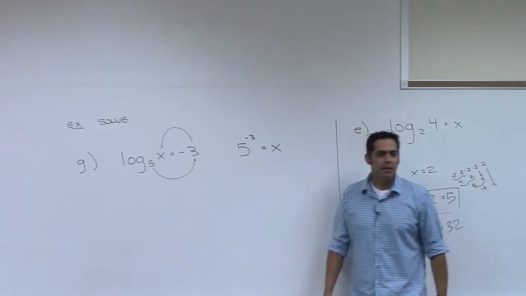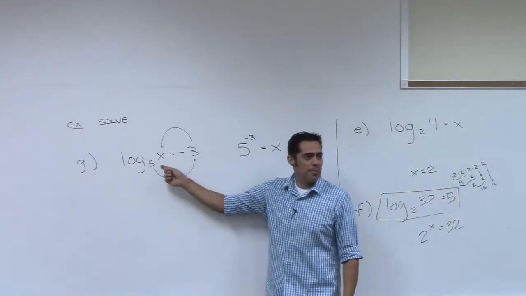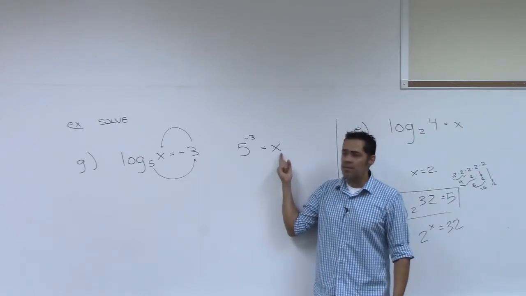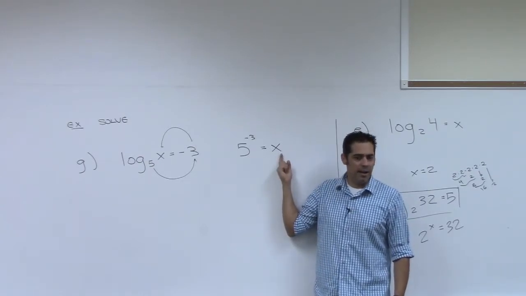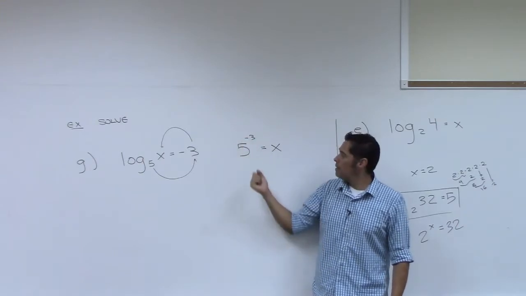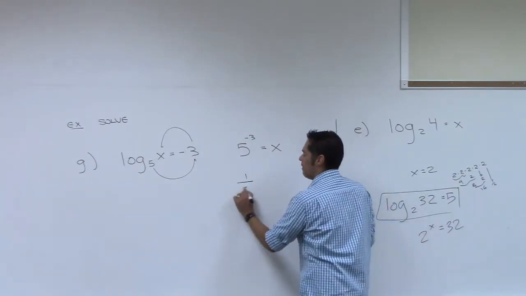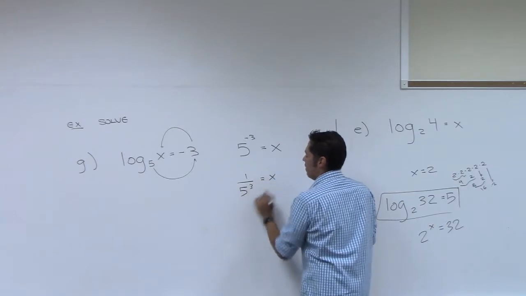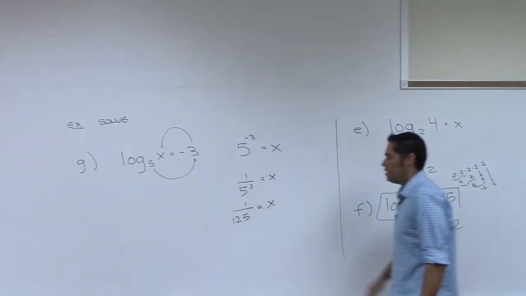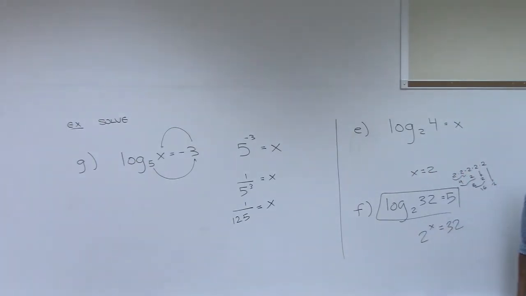Do you see that? If I rewrite this logarithmic equation in its exponential form, then x is sitting here ready for me to figure out, right? I just have to figure out what 5 to the negative 3 is. And that's the same as 1 over 5 cubed, and that's 1 over 125. 5 times 5 times 5 is 125. So x is 1 over 125.